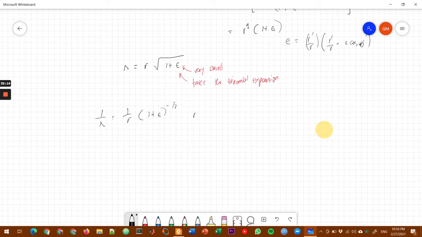Again, recall your binomial expansion: 1 plus x to the n, so we have 1 plus nx plus n(n minus 1) over 2 x squared, up to the third term.